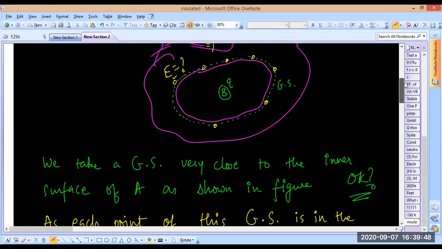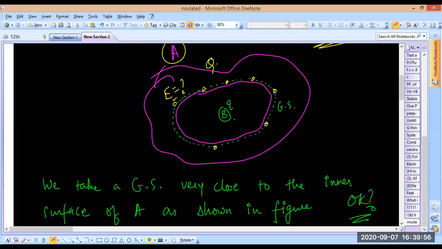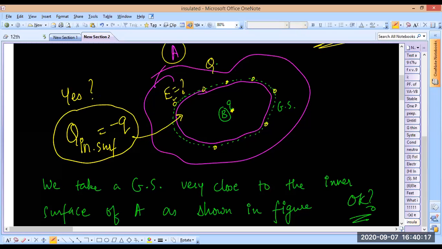But we have a problem. Look at this diagram. Here there is a charge q. So the total charge enclosed by the Gaussian surface is 0 only if the charge on the inner surface is equal to minus q. Did you understand this?